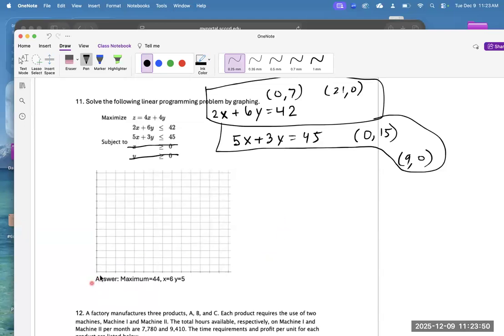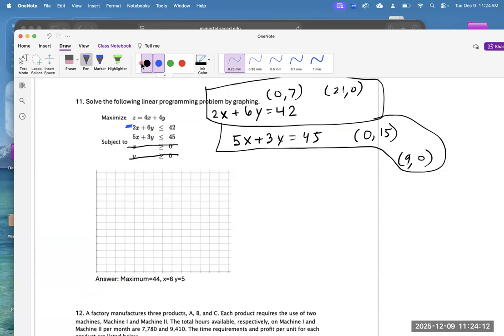So I think if I use an increment of 2, then on both my x-axis and y-axis, it should include both points here. I'm going to go ahead and use blue for this first equation. So it's 0 and 7.